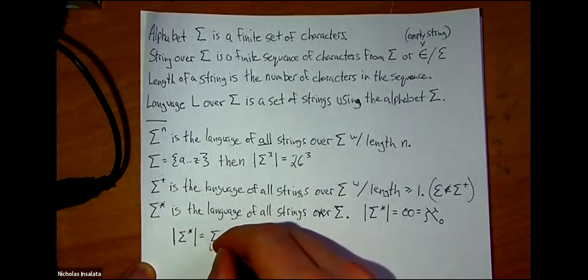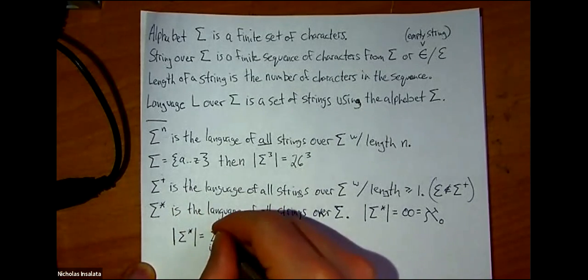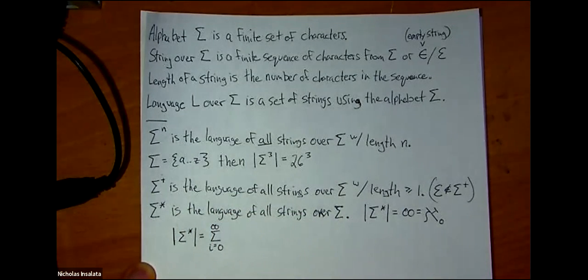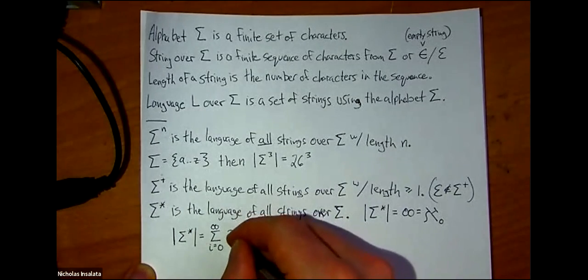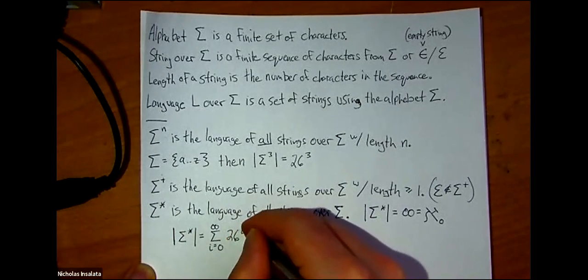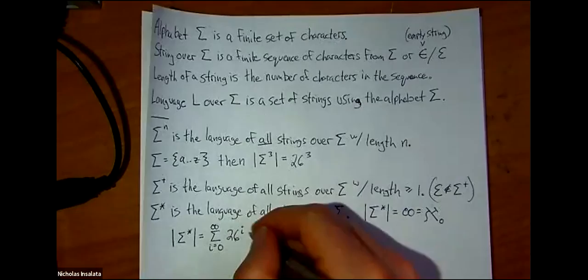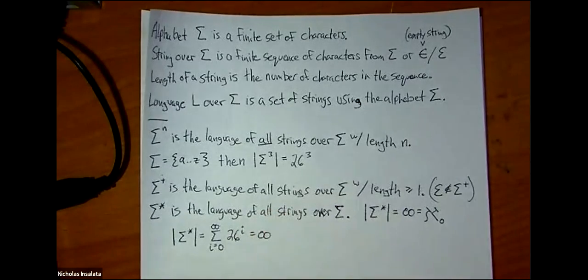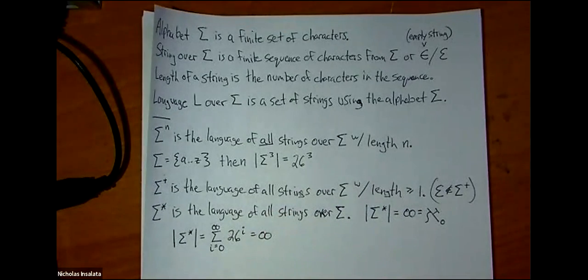From i equals 0 to infinity of 26 to the i, which of course is equal to infinity. Is everyone happy with that?